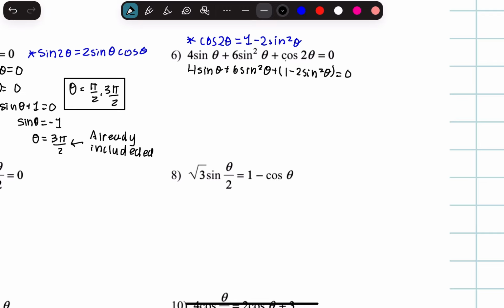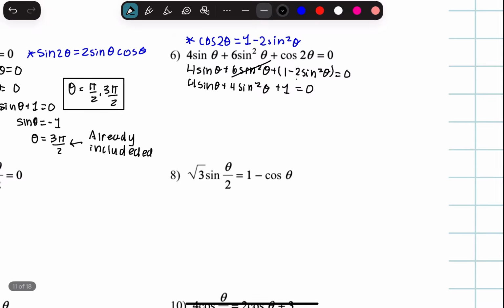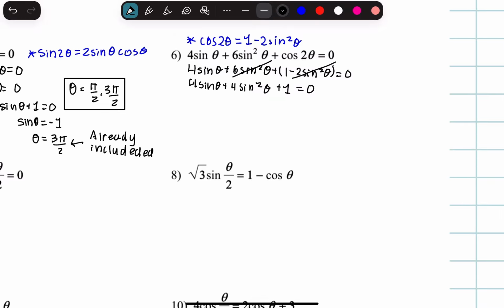Now all we have to do is rewrite this again as 4 sine θ plus 4 sine squared θ plus 1, and we set that equal to 0, because you just add those together. Now we're going to do some u substitution.